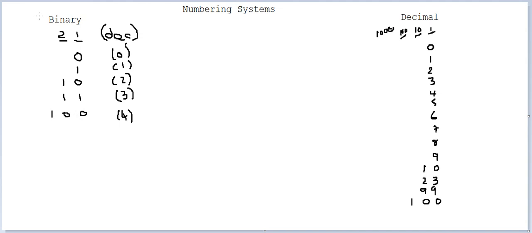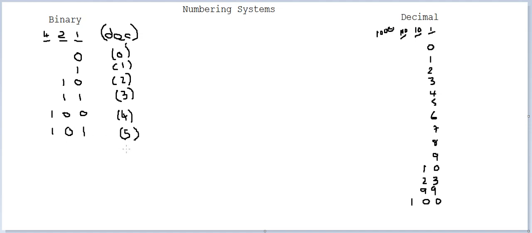This digit here is worth 4, so let's put the 4 there. So how would we represent decimal 5? I would need a 4 and a 1 added together. That would make 5. So that's 1 times 4 is 4. And 1 times 1 is 1. We don't need a 2, so this is decimal 5.